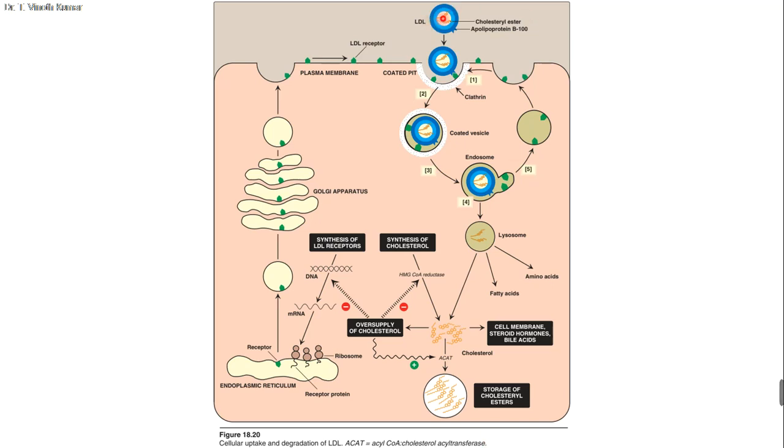This LDL already has the B100, and inside it is cholesterol ester. This apolipoprotein B100 has a receptor on the surface of the liver and muscle. You can see here a clathrin coated pit, ready for endocytosis. Without clathrin, it will not form a pit, and with the mediation of clathrin, this will form a pit.